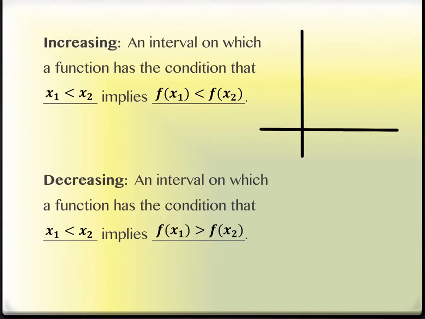So if it says x1 is less than x2, it means that they are sort of in order on the x number line. And what it's telling us is that whatever the f of x1 is, we'll put it here, it's below f of x2. So something like this is going on, and somehow they're connected in between.